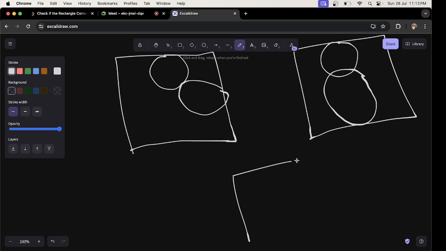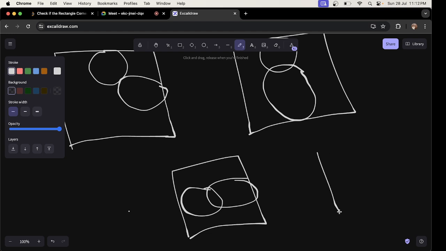Can anyone guess the other cases? This is one more, the left and the right. And the fourth one is the bottom and the left.